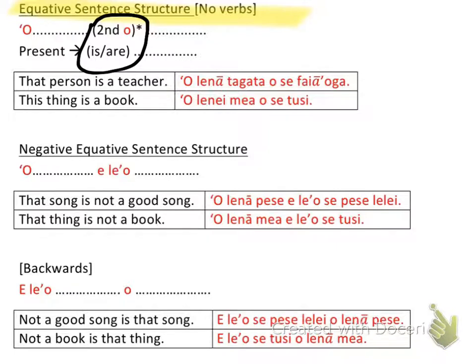The equative sentence structure, it's equal. This thing is equal to this thing, is basically what kind of sentence structure we're talking about. And then you're saying whatever it equals, or whatever it is. And so this sentence right here is that person is a teacher.